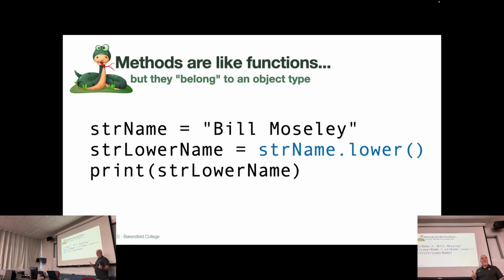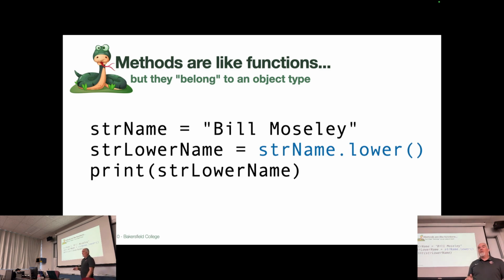But anyway, Superman's laser eye beams. Superman doesn't use his laser eye beams on himself. He shoots them out, right? So this returns something. So this special ability, strname.lower, returns something that we then catch into this container, and then we print it out. But this doesn't change.